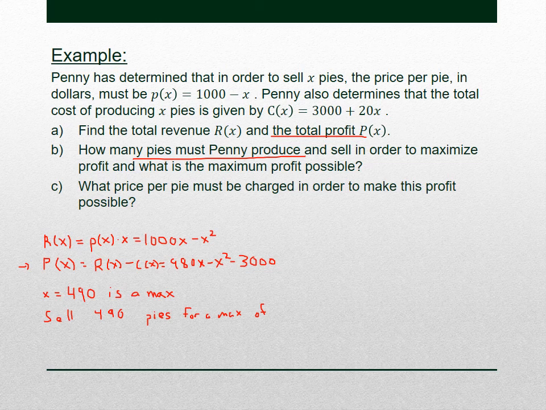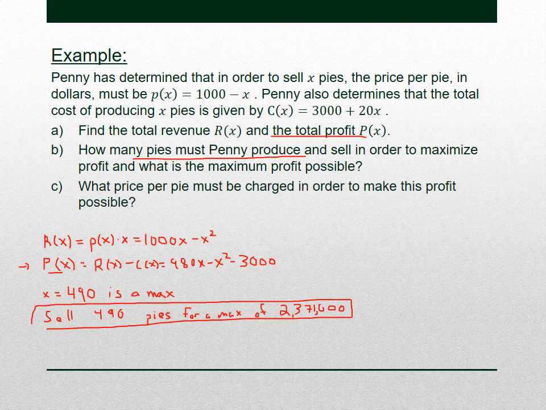I got 237,100. One more zero. Whoops. So double check that there. That was the maximum profit, and that's just plugging in x equals 490 into here. Okay, so that's part B.